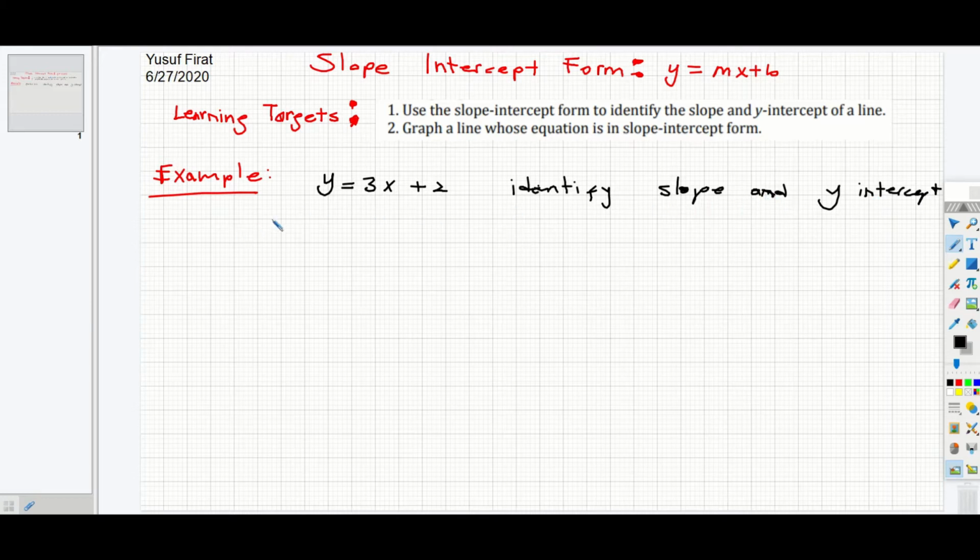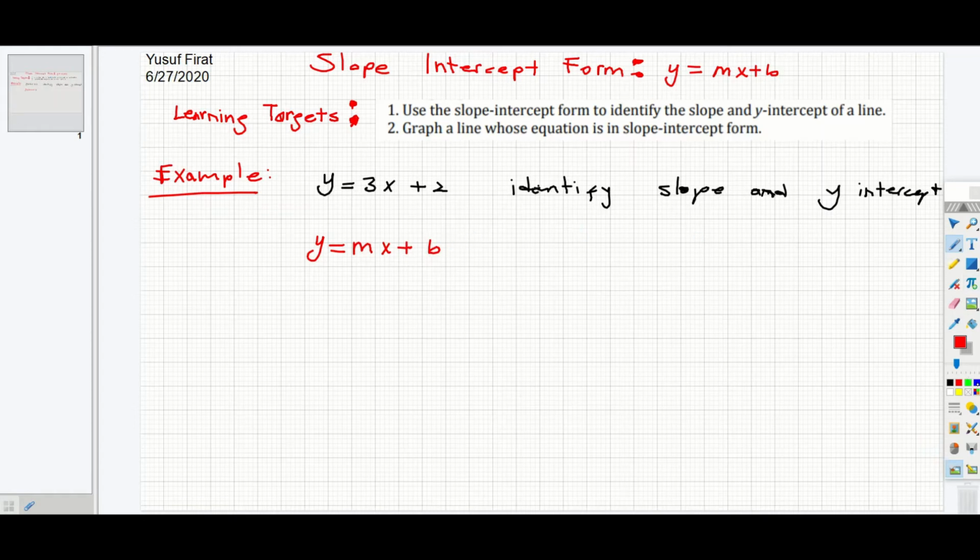Okay, as you can remember, we have our slope-intercept formula y equals mx plus b.